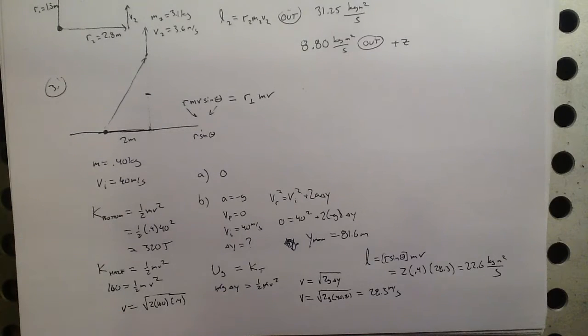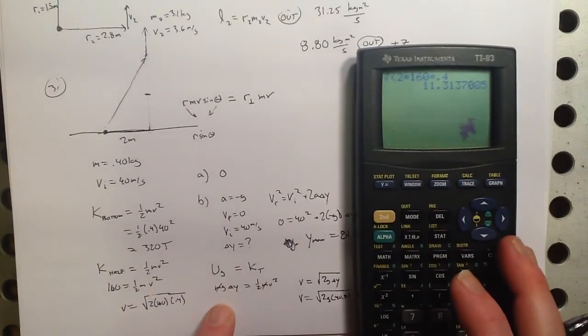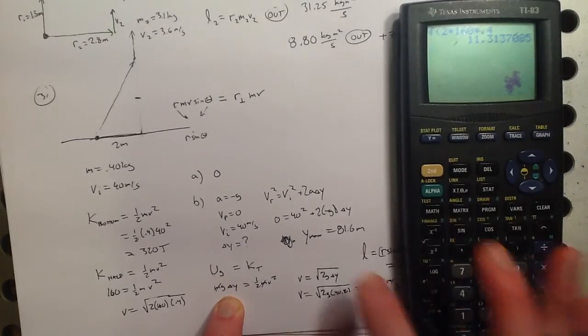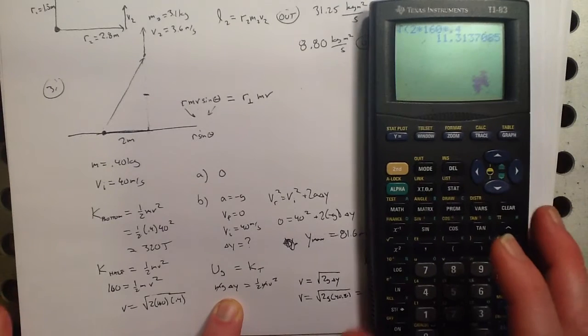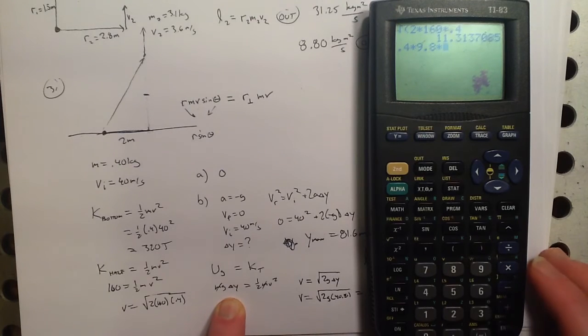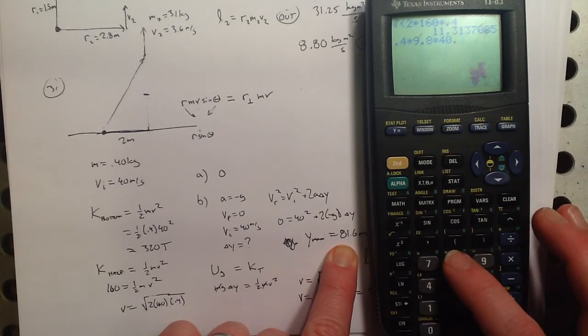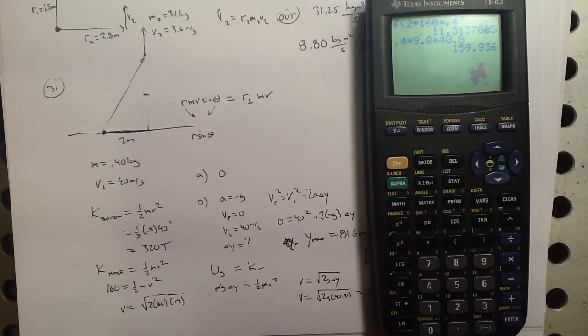Well, if that's the 160, then that potential energy at the halfway point should be the same. So mass times 9.8 times the halfway point would be 40.8. Yeah, that's 160, so that's right. What did I do wrong?